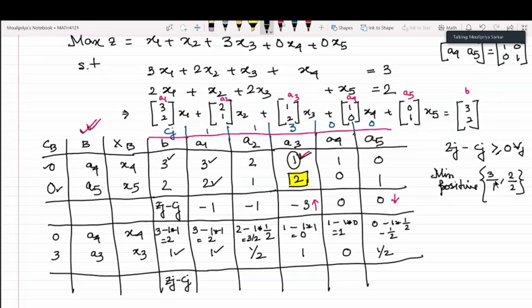It is 0 into 2 plus 3 into 1 minus 1, which is 2. Next we have 3/2 minus 1, which is half. Next would be 3 minus 3, 0, again 0 minus 0, again 0. Next we have 3/2. Am I okay with my calculations?